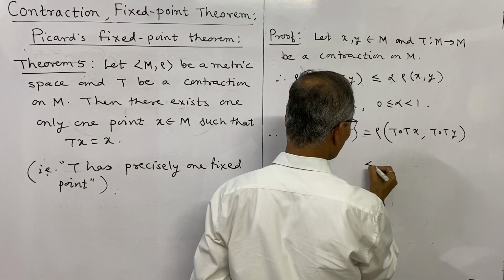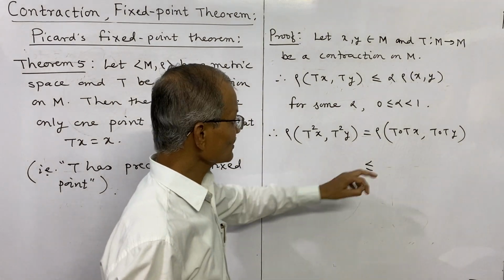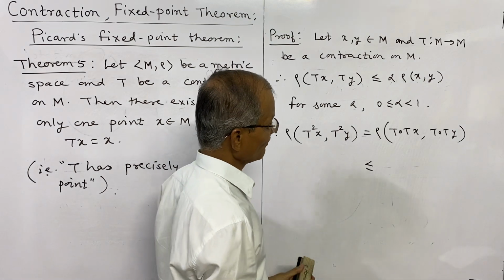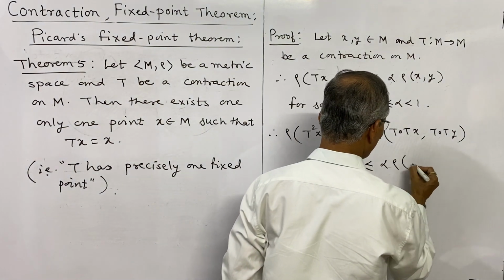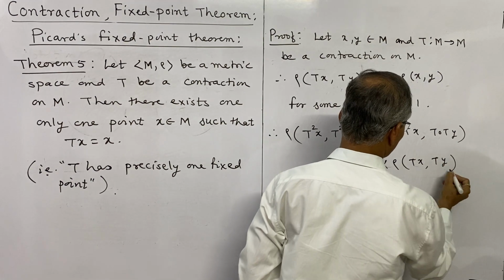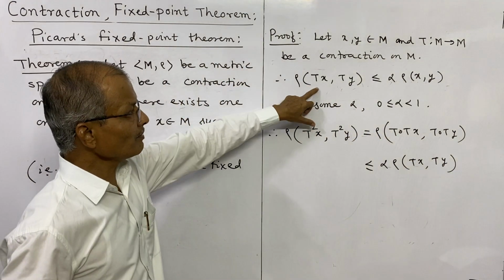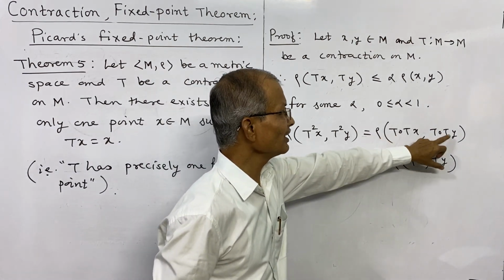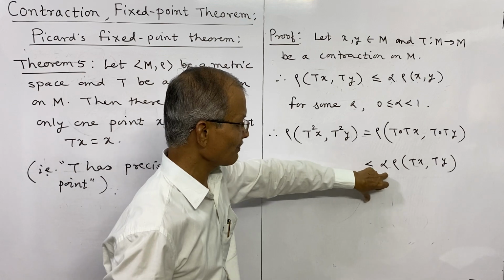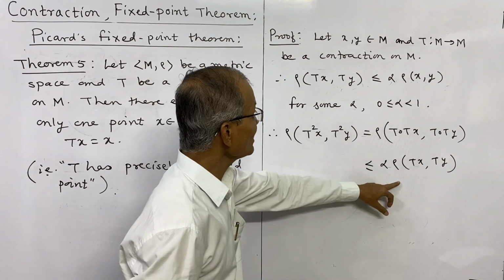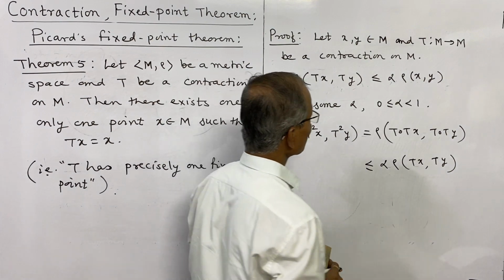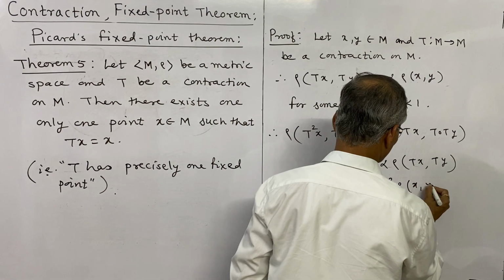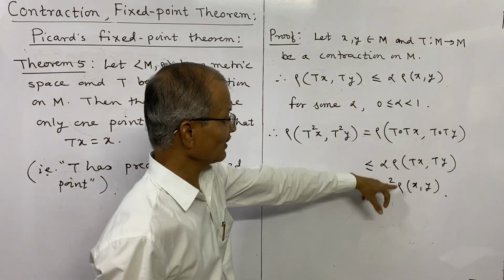This will be less than or equal to, using the definition again, alpha times rho of Tx and Ty. The same definition we have applied here, and this gives less than or equal to alpha rho of Tx and Ty. Again using the same, this is further less than or equal to alpha square rho of x y.